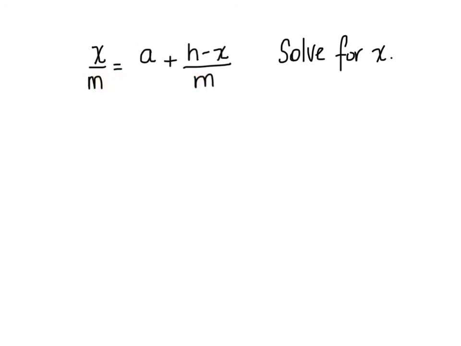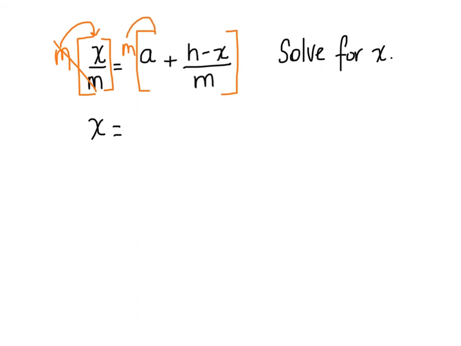If I multiply both sides by m, this m multiplies by this term, they cancel, leaving me x. This m will multiply by two terms, m times a and m times this term. Well, m times a gives me m times a. When I multiply this m times the second term, this m and the denominator will cancel. So I get h minus x.